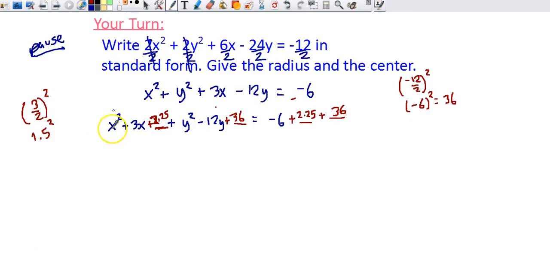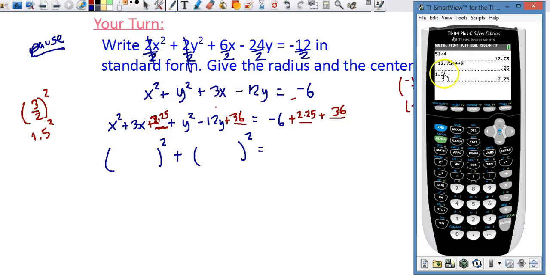All right, finally factoring and simplifying. Well, this is a tough one with that decimal. But let's see if we can do it. This 2.25, what multiplies to itself and adds to 3? Well, we just had it, guys. It was 1.5.